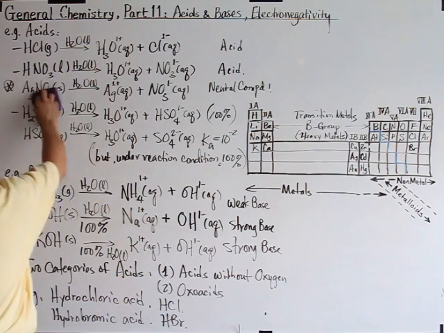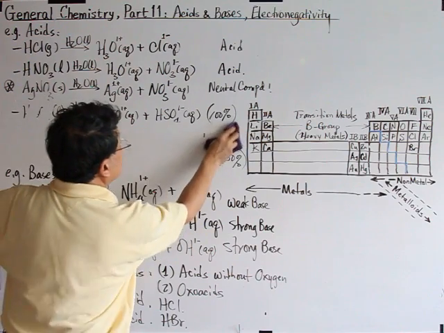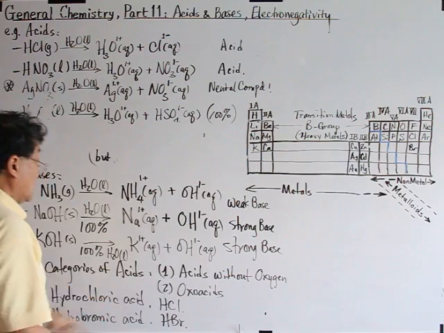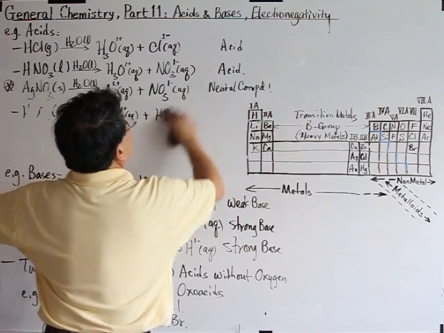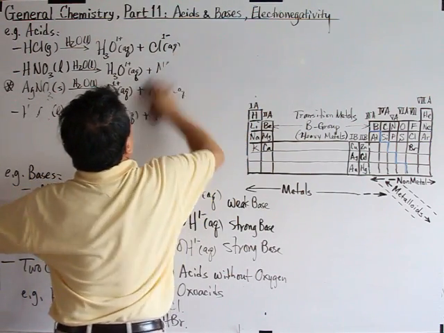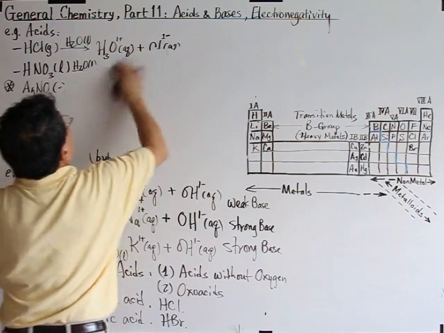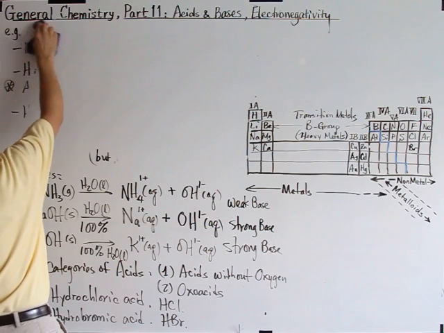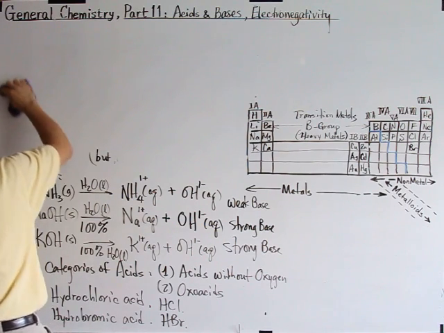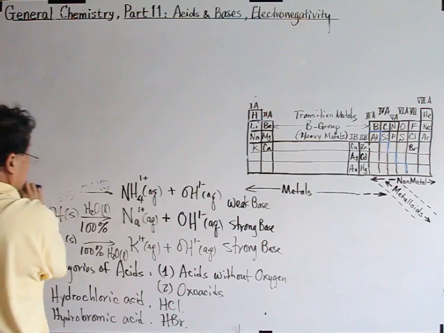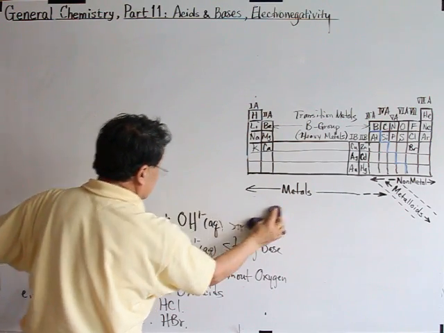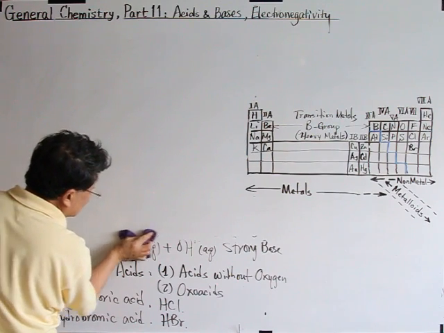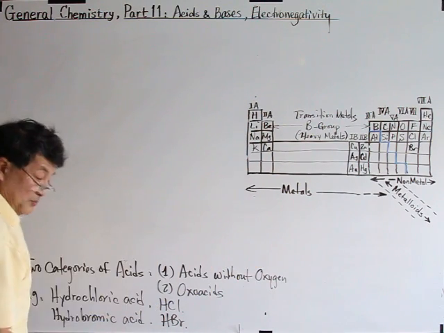All right, let's give you the generalized formula. Generalized formula for the, not the first type, the second type, oxyacid, with oxygen. Okay, let's put it this way.